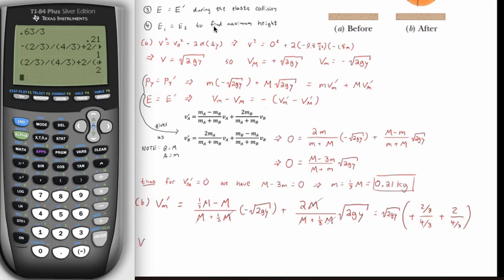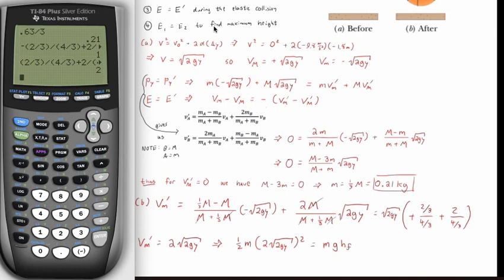So that gives us that Vm prime is just going to be 2 times the square root of 2gy. Okay, so then finally using conservation of energy, we're going to have 1/2 little m times 2 times the square root of 2gy, squared, because that's our final velocity, which is our initial kinetic energy, is going to equal mg h final, for the final height that little m reaches.